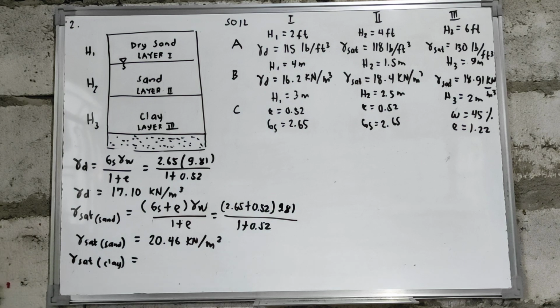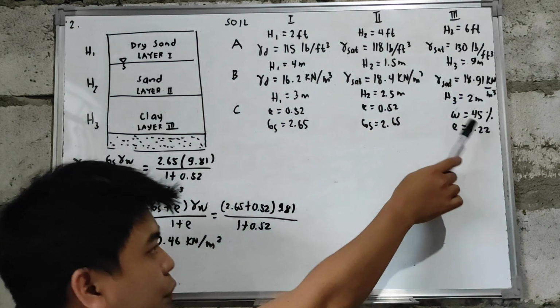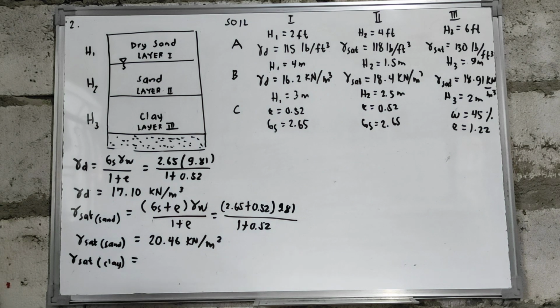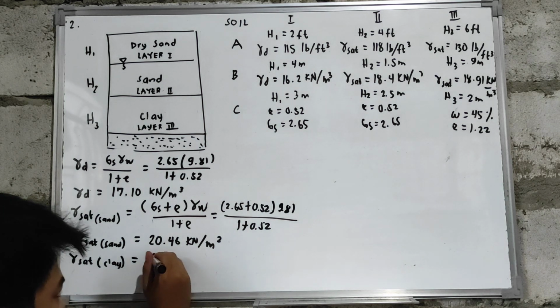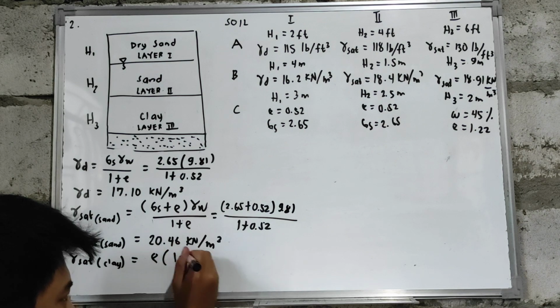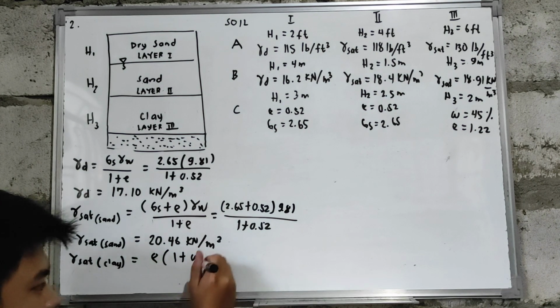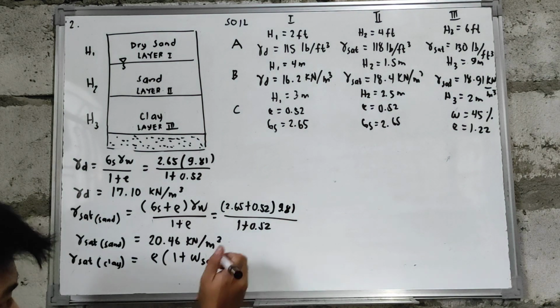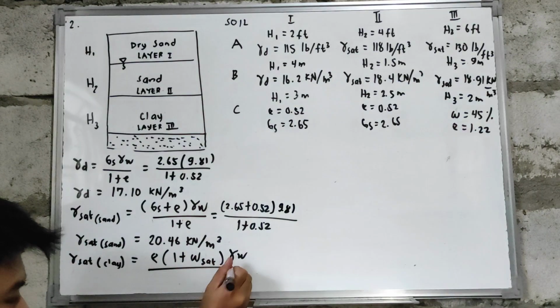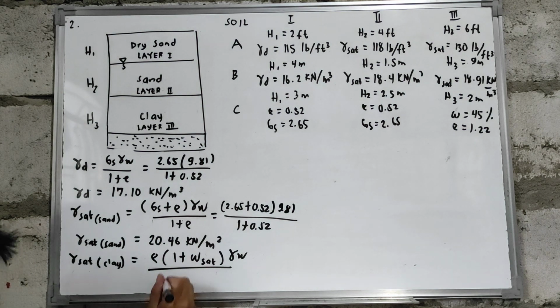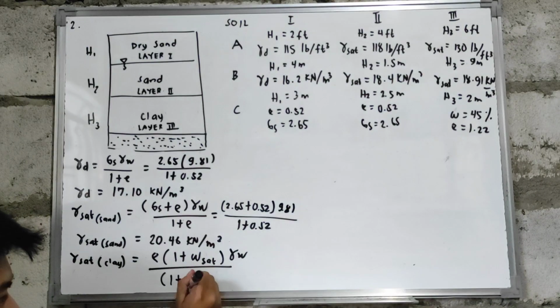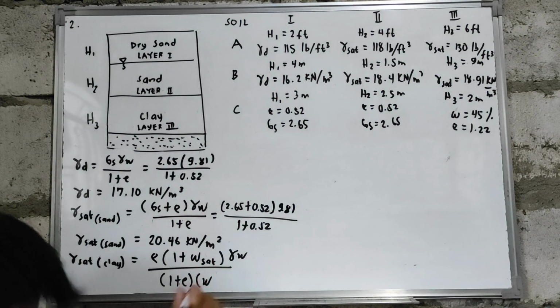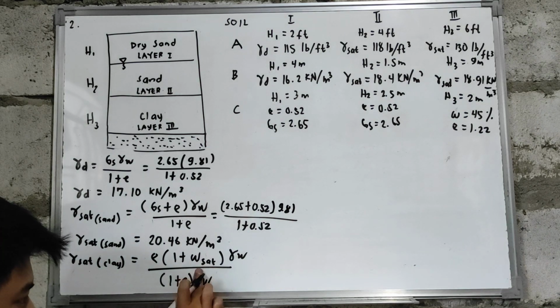So, given yung moisture content at saka yung void ratio, yung formula na gagamitin natin, that is equal to void ratio multiplied by 1 plus W saturated multiplied by unit weight all over 1 plus E multiplied by W saturated.